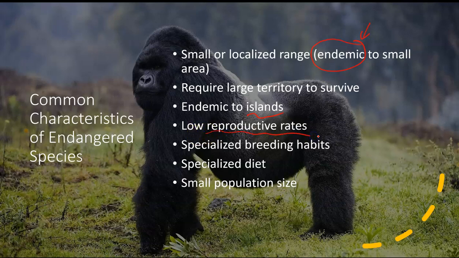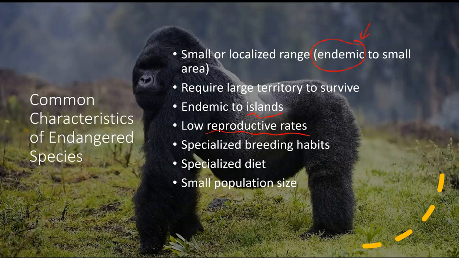Next unit, unit 3, we will chat about R and K selected species in a little more detail. But with low reproductive rates, we're talking about things like elephants and whales, which rather than having lots of offspring and reproducing multiple times a year or every single year, have just one or two offspring at a time with several years in between.